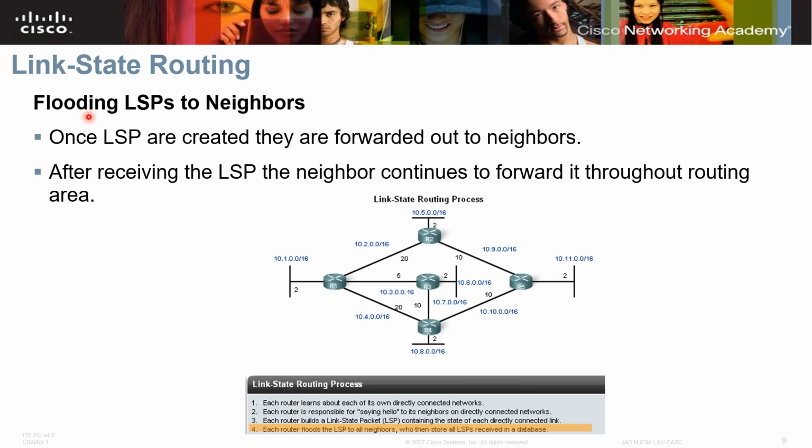Instead of sending the distance vector update, now we apply flooding for the link state packet. What do we mean by flooding?